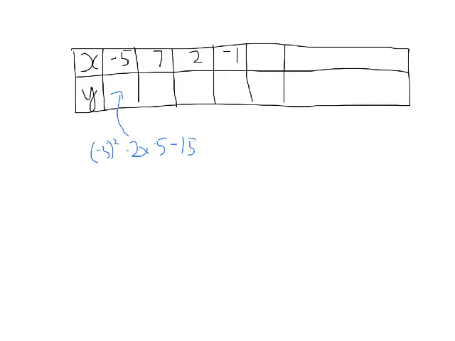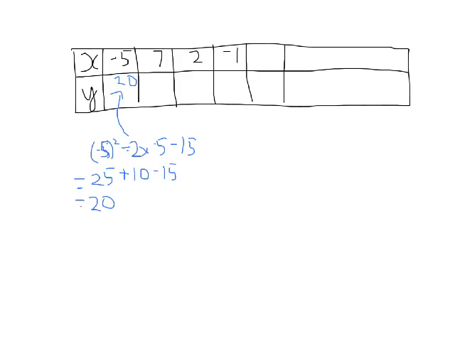So -5 squared, so 25. Take 2 times -5 is plus 10 because of the two negatives. Take 15, so I'm going to get 20 as my coordinate there. So I'll pop a 20 in there.